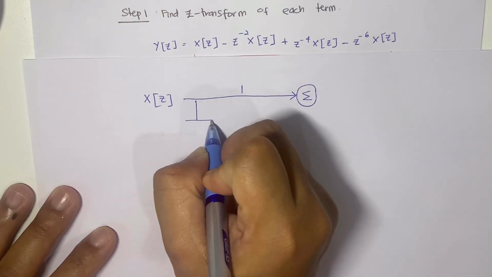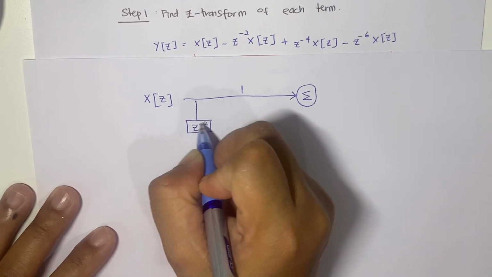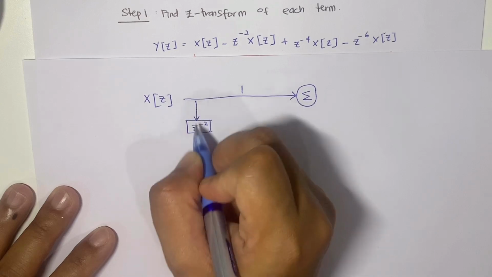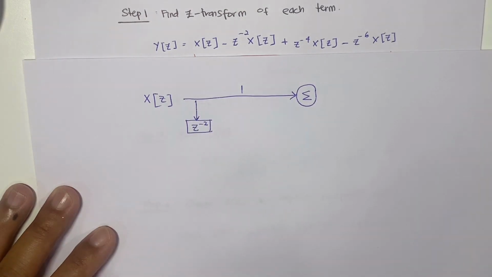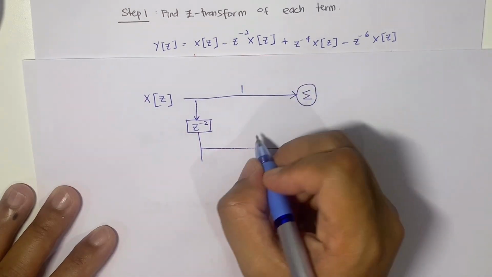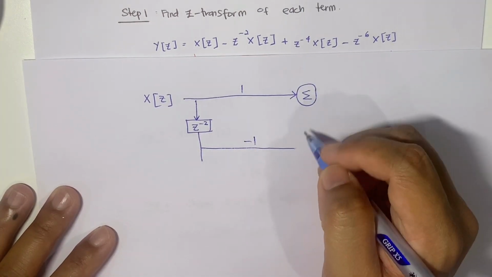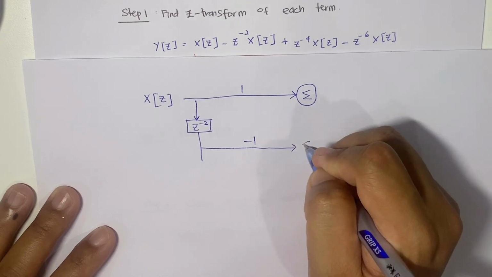So we know that this is z negative 2 xz times z negative 2, and then times negative 1. Okay, don't forget the summation sign here.